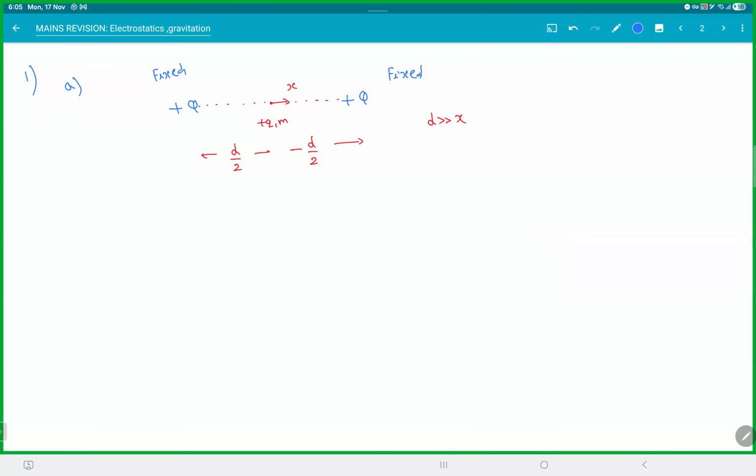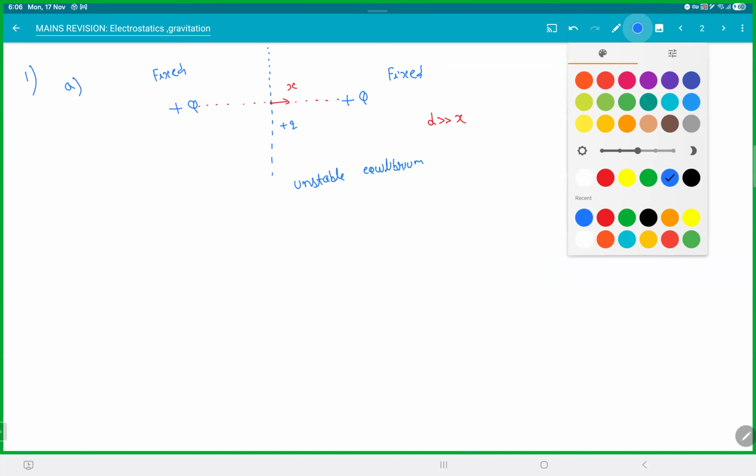So when you have a plus q charge, the vertical direction will be unstable equilibrium, because if you displace the particle in the vertical direction, it will just go away, it will never come back. But if you displace this in the horizontal direction, this is a stable equilibrium.